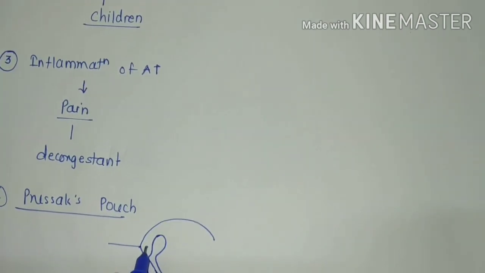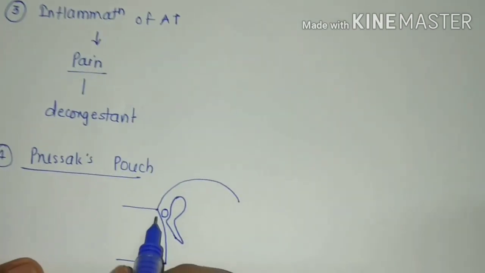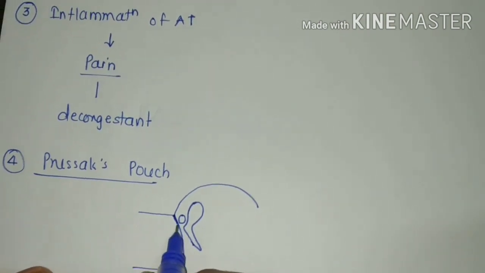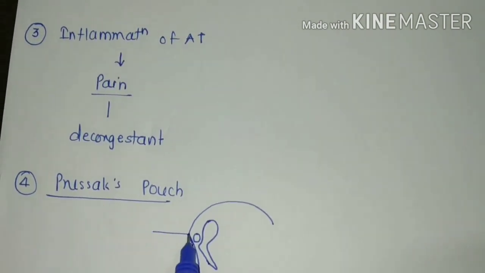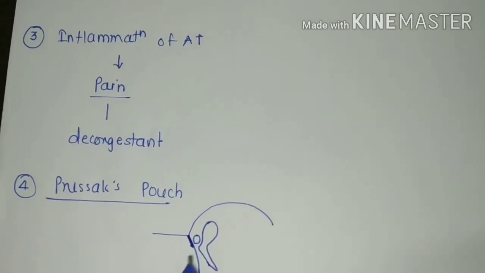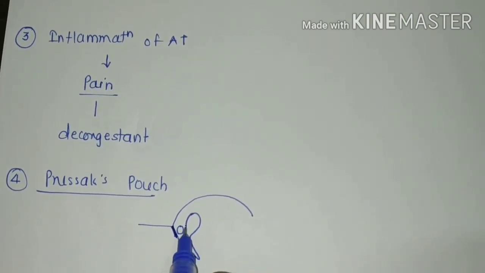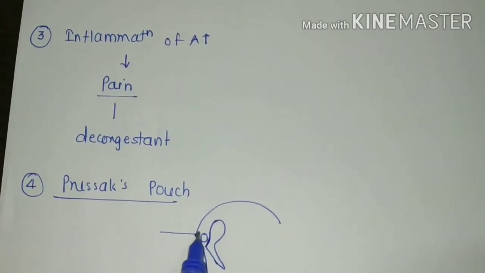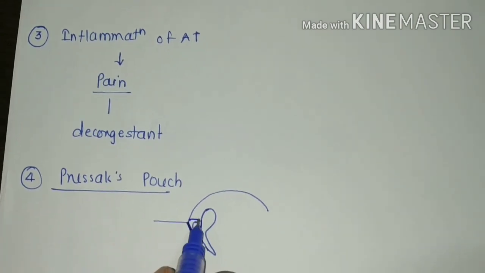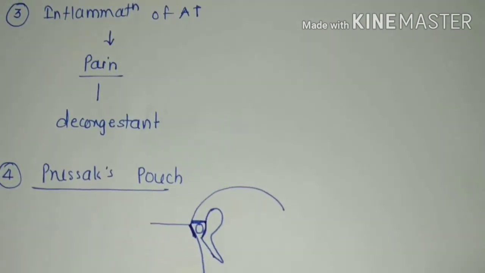Now this is the Prussak's pouch, which is bounded on the lateral side by the pars flaccida, on the medial side by the neck of the malleus. Superiorly, it is bounded by the lateral ligament of the malleus.